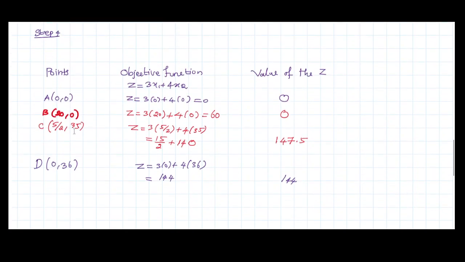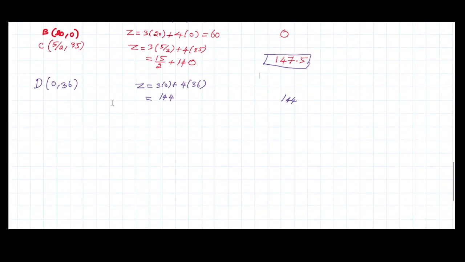What is our motivation? Our motivation is finding the maximum value. In the feasible region, the point 5 by 2 comma 35 gives the maximum.